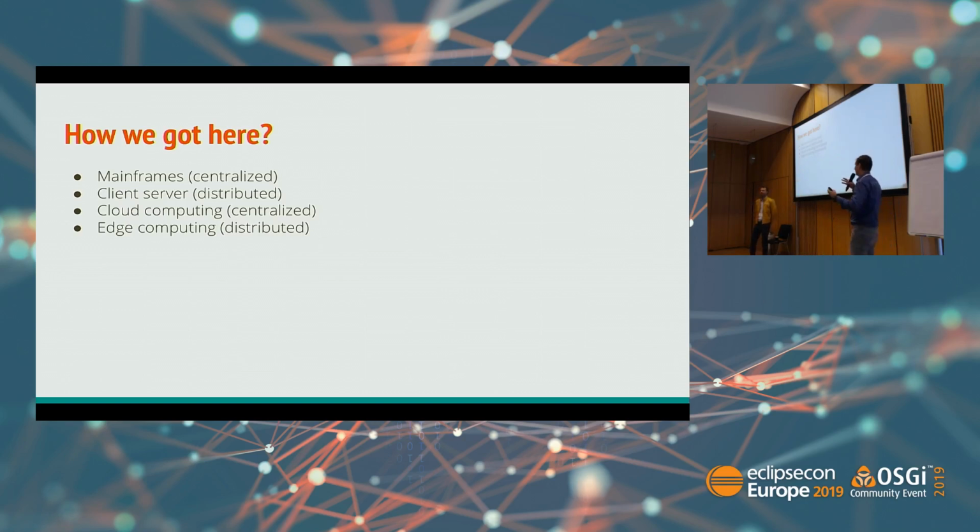So going from the mainframe to the client server to cloud computing, we added more and more websites, more and more people on the internet, more and more devices to the IoT. If you want to go to the next scale in terms of how many things and how much data we're going to process, we need to go to the next shift, and that's edge computing, right?